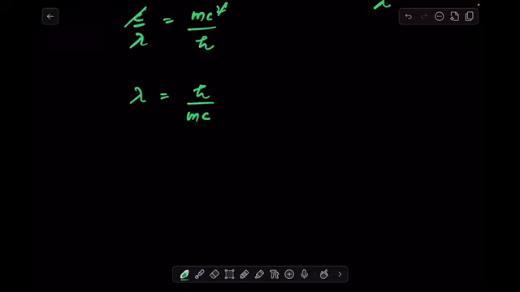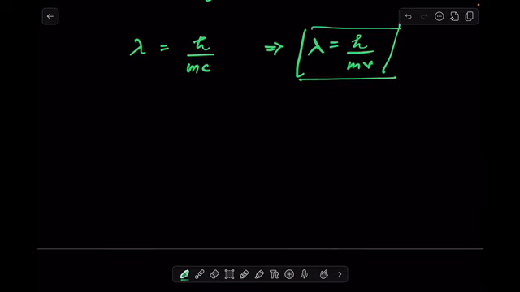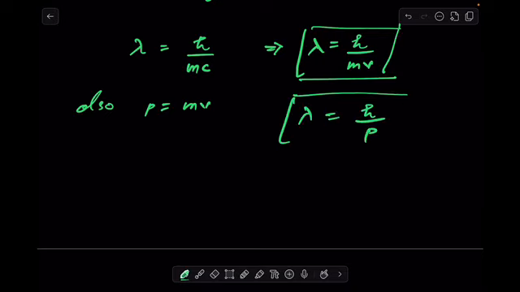So we rewrite it as lambda is equal to h over mv, where v is the velocity of the particle, or it can be equivalent to the speed of light if the particle is moving with the speed of light. We also know that the linear momentum p is equal to mv, so the relation can also be rewritten as lambda is equal to h over p.